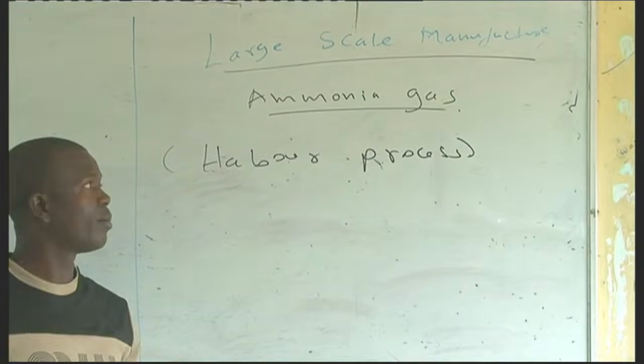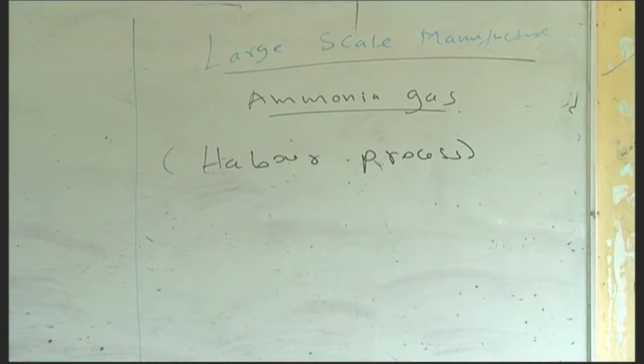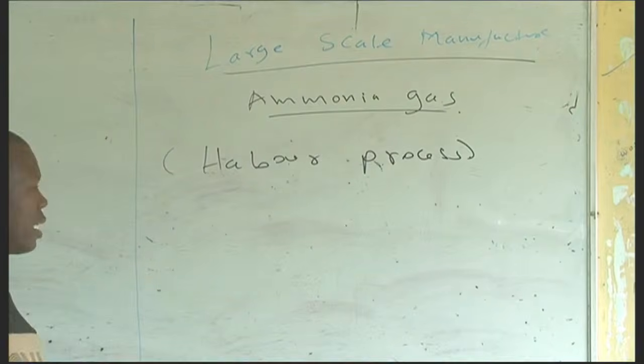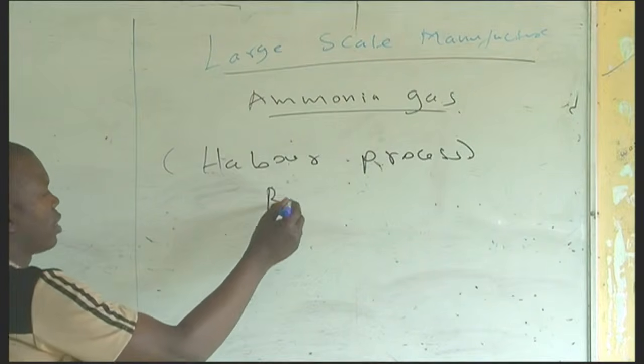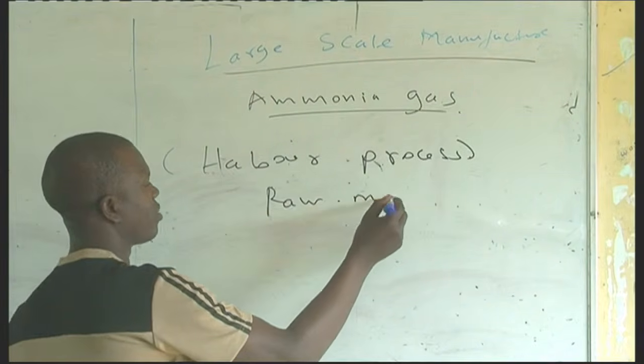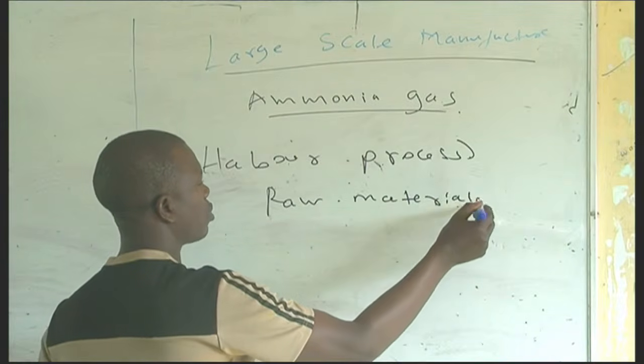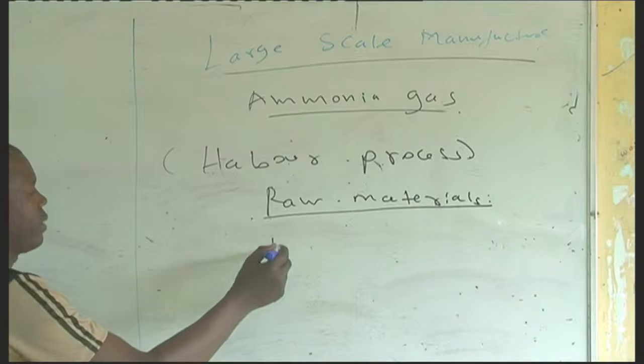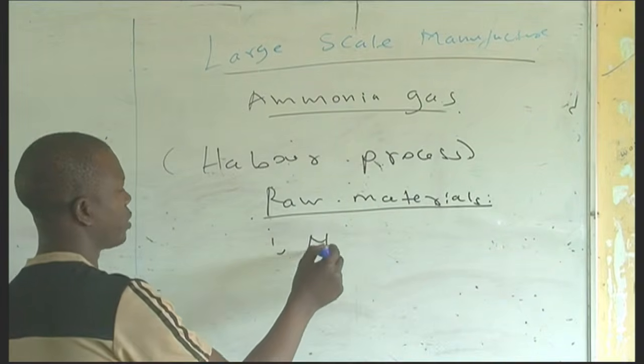So for us to manufacture ammonia, we have raw materials that we are supposed to be studying. One, we have nitrogen.